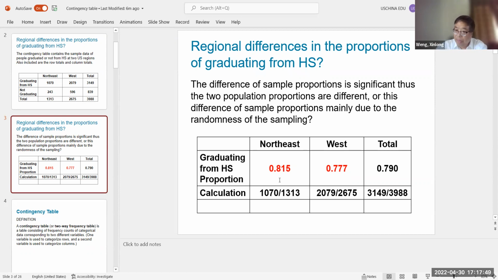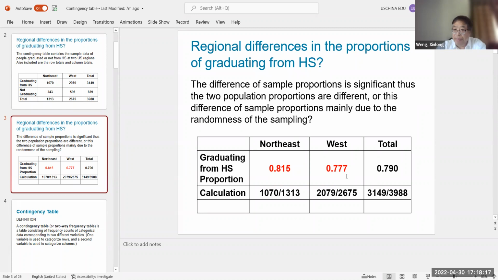Well, this percentage is from samples. What we really want to know is the population, the huge population: the people in the Northeast region compared with the people in the West region.